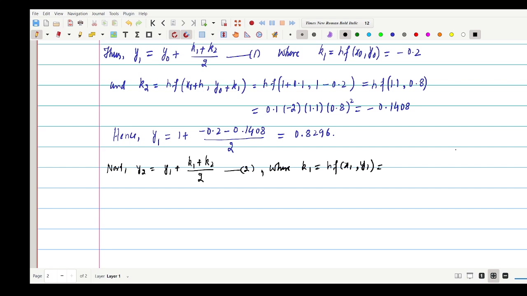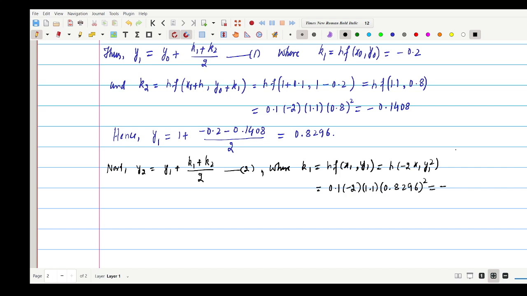So this is equal to h into minus 2 x1 y1 square. So h is equal to 0.1 into minus 2, x1 is 1.1 and y1 is 0.8296 whole square.